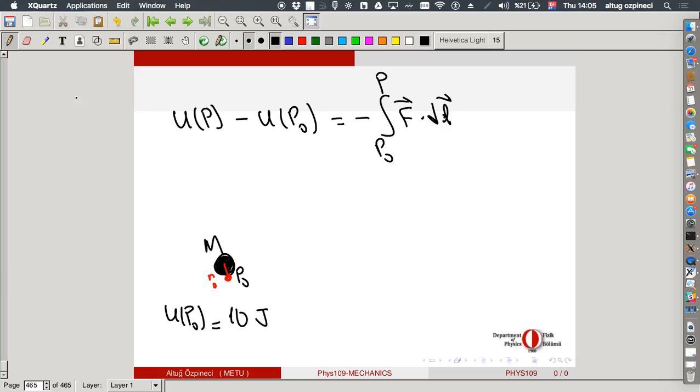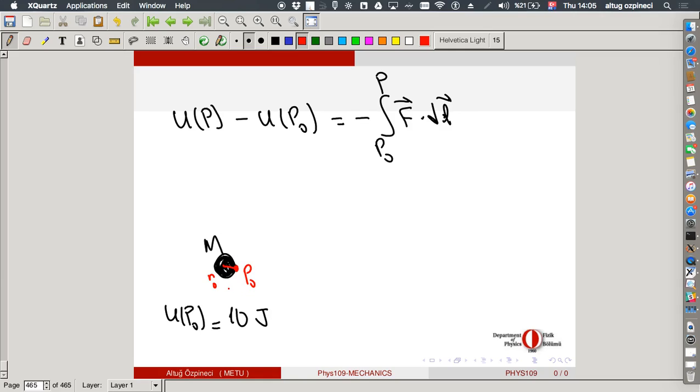And your friend said that let's choose U of P0 to be 10. And I said that it cannot be 10. Why not? There's no unit. It cannot be 10. What can it be? 10 joules. Okay, that's fine. It's 10 joules.